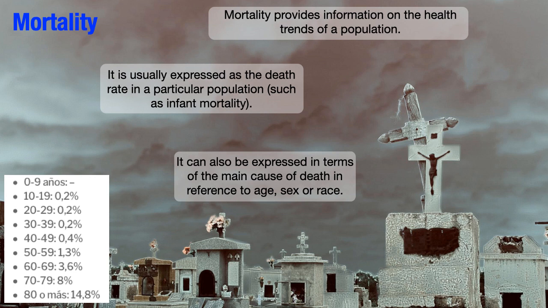So, for instance, for people between 10 and 19, the mortality rate is 0.2%. That means that one young person dies for every 500 positives. If you go to the bottom of the table, for 80 years of age or more, for every 100 infected elderly people, almost 15 die.